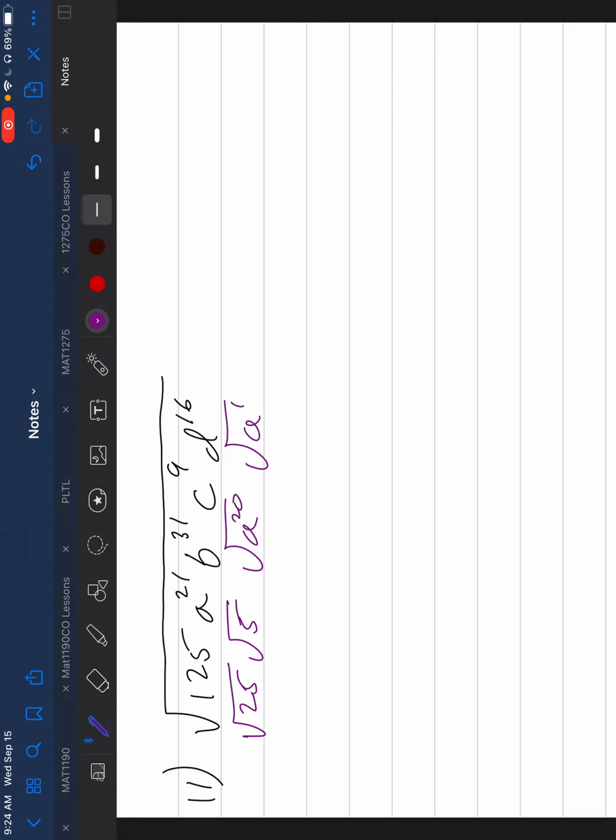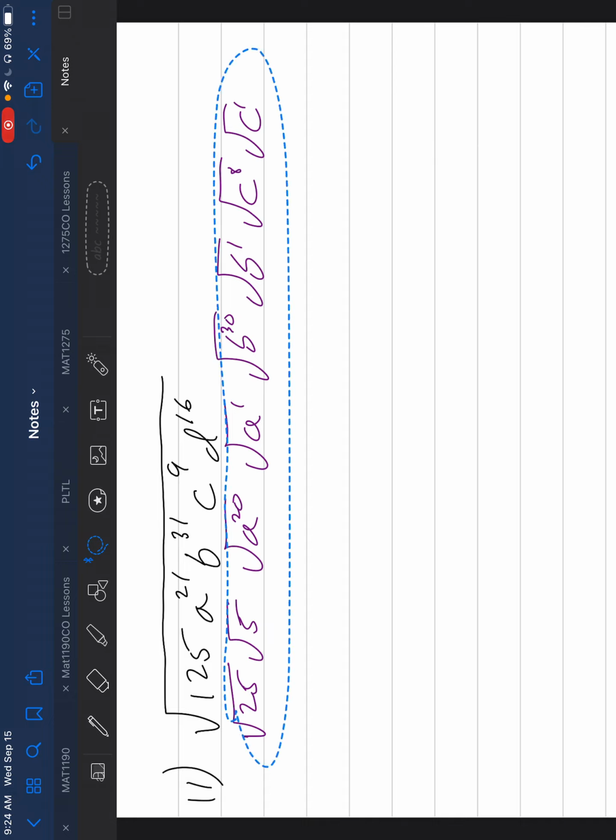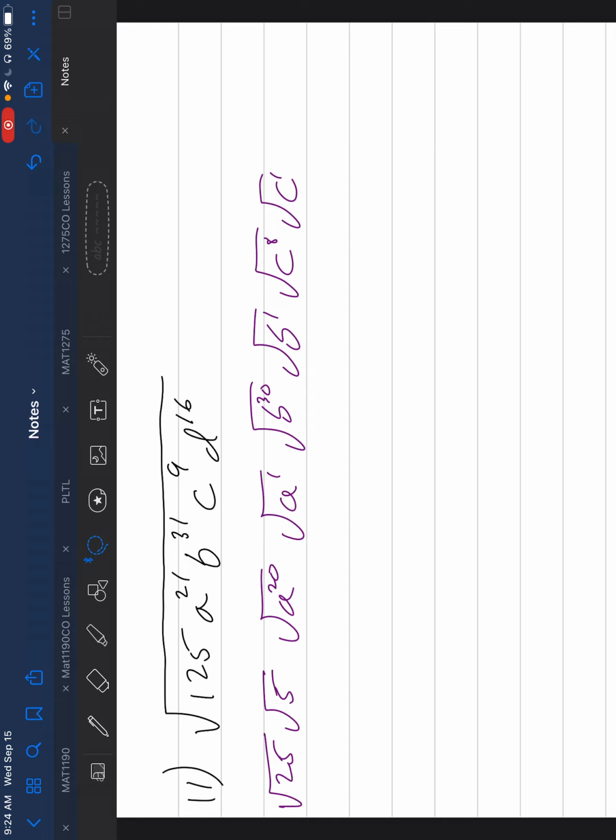The other, 21 minus 1, is 20. 31 is an odd number, so we're going to have b listed twice, 1st and 30th. We're going to have c listed twice because that's an odd number. c to the 1st and c to the 8th. I ran out of space, so let's move this over so I can write down d to the 16th power.